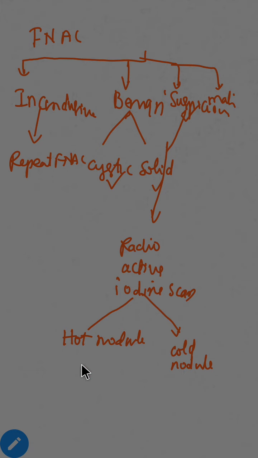In a hot nodule, the treatment of choice is radioactive iodine ablation. In a cold nodule, we'll do hemithyroidectomy.